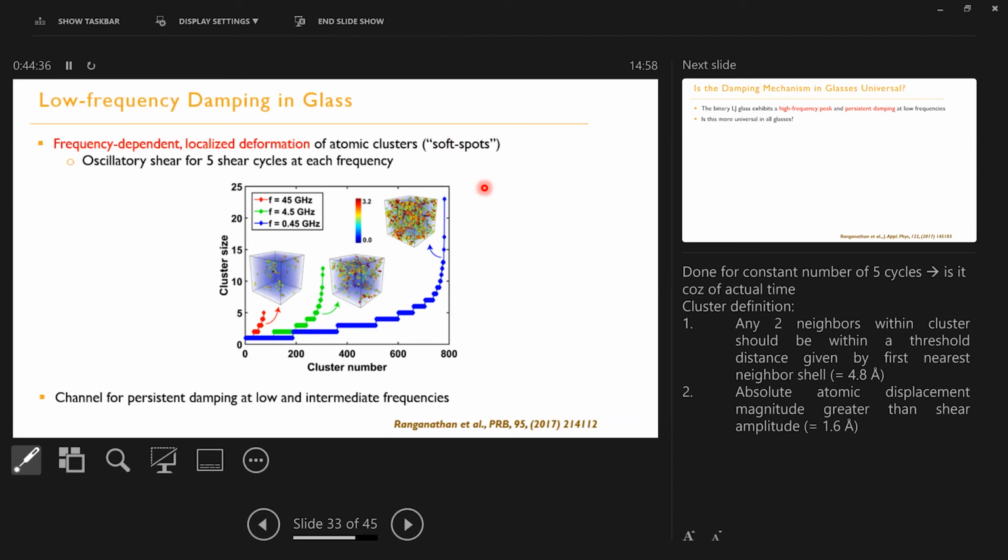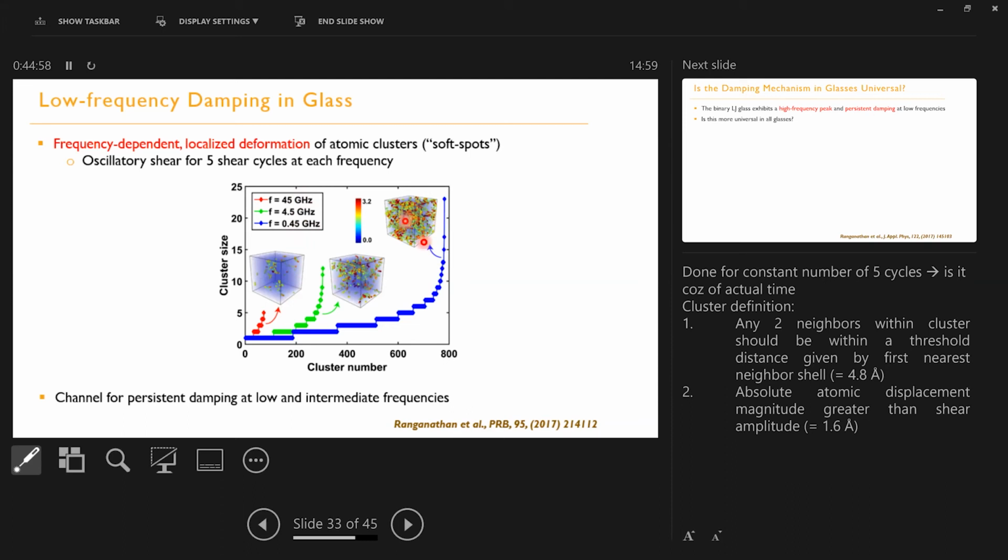Just like how we have phonon-based damping at high frequency, these are much lower frequencies compared to terahertz. So 45 gigahertz is over here, this is 4.5 gigahertz, and this is 4.5, and this is 0.45. Two orders of magnitude difference for these three structures.